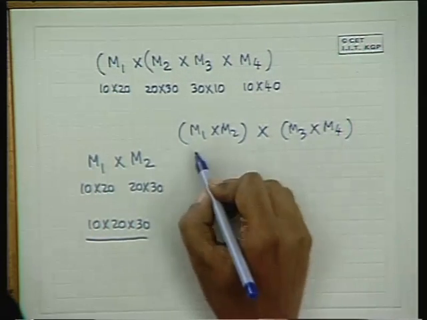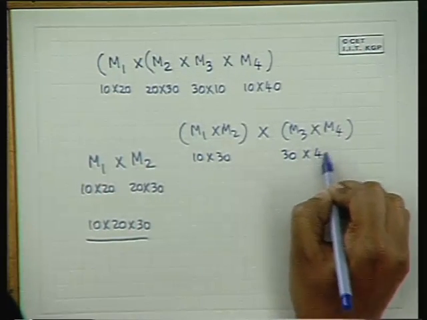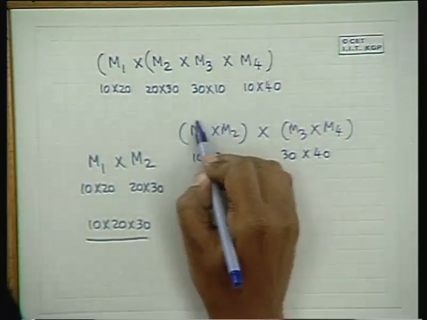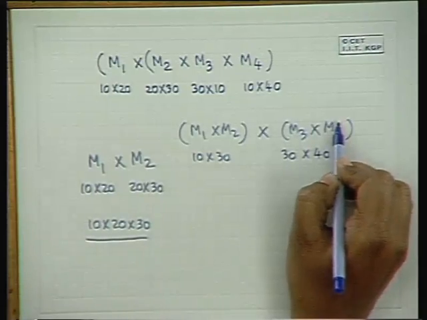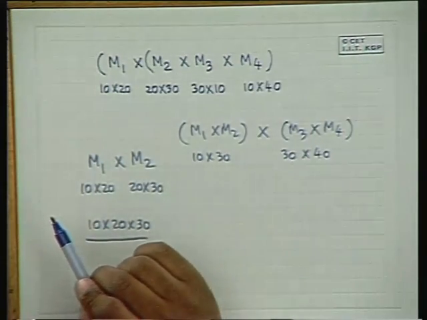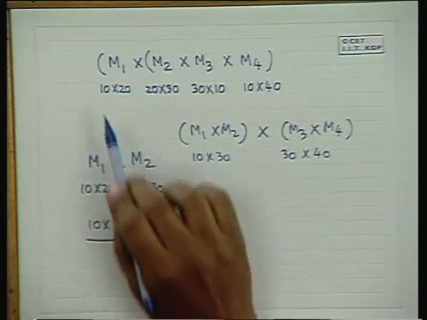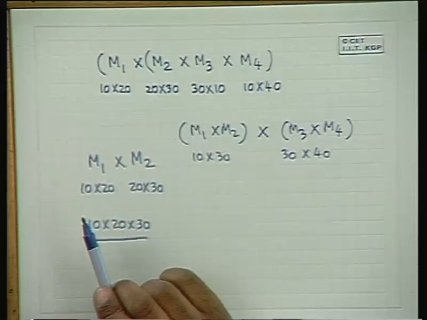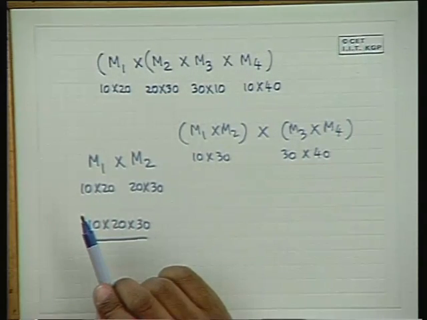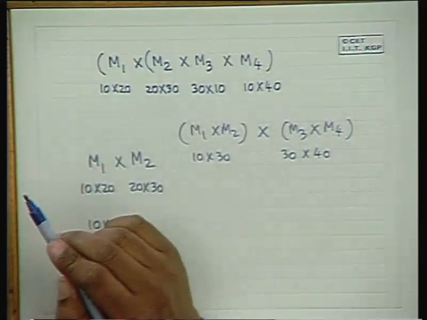If I multiply this with this, I will be multiplying a 10 by 30 matrix with a 30 by 40 matrix, and here I will multiply this and this. Now depending on the sequence in which I multiply, my total number of multiplications will come. If I have to find out the optimal sequence, what will I have to do? I will have to find out all possible such associative combinations.